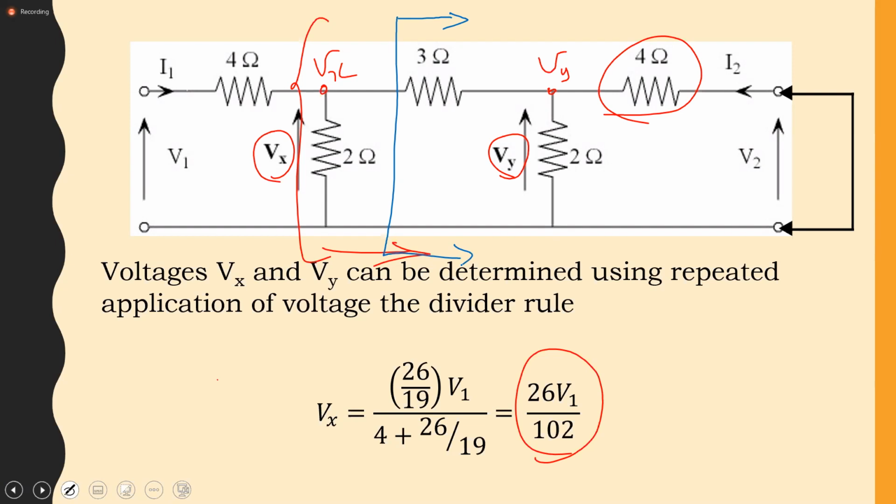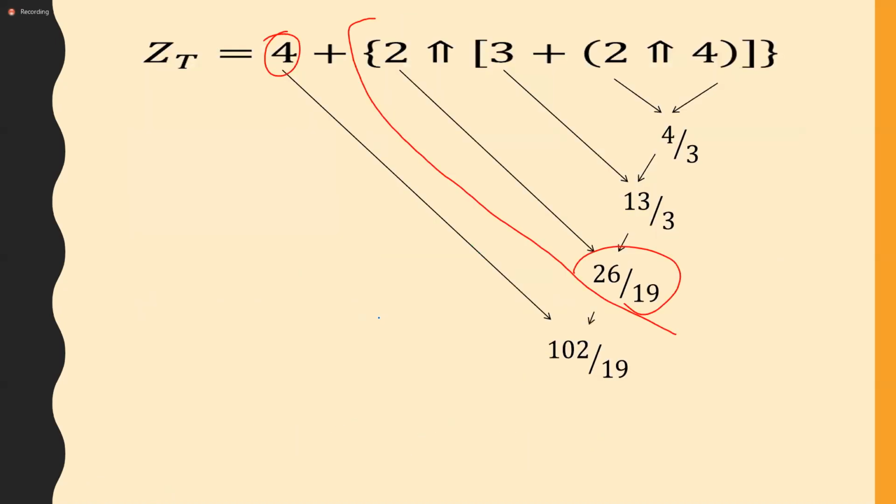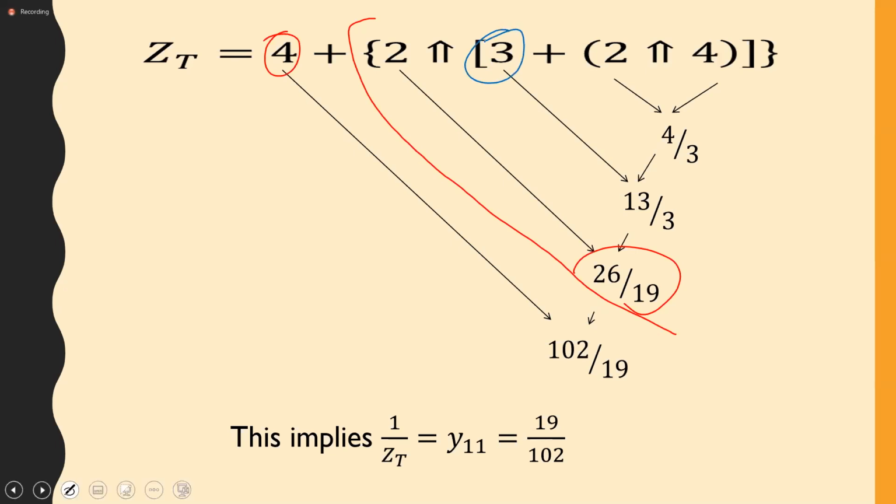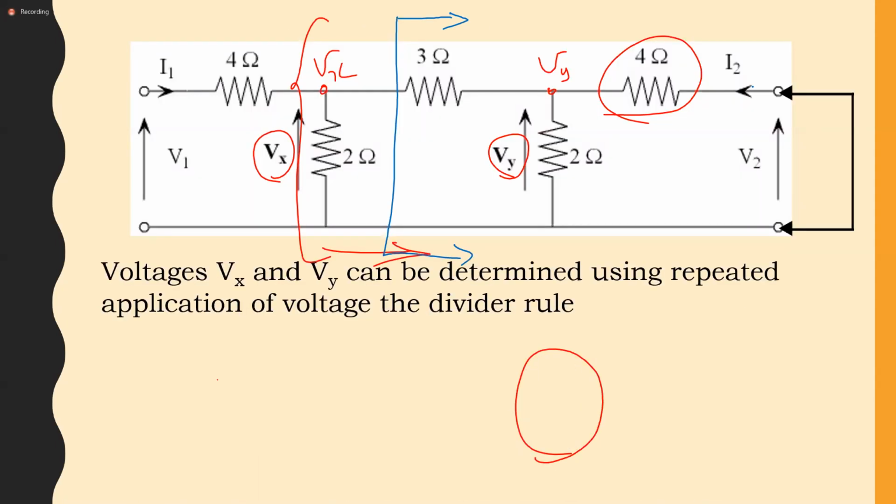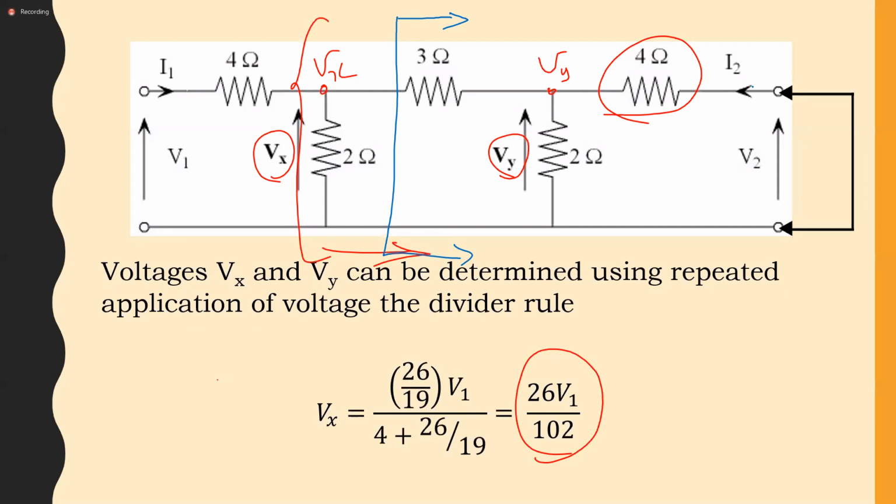So it's the same voltage in front of the 2 and beyond the 2. Again, I go back to my resistance equation. And what are we dividing between? We are dividing between 3 and the rest of the circuit, which is 4 over 3.